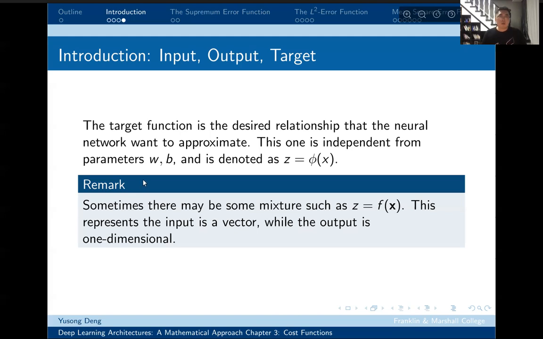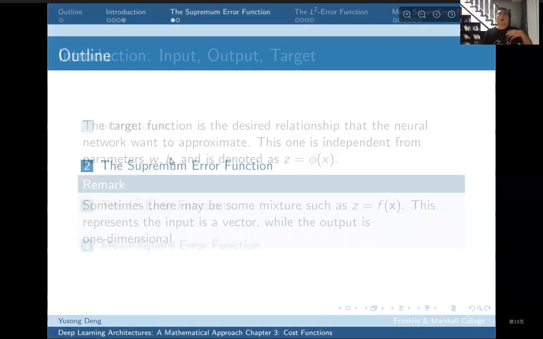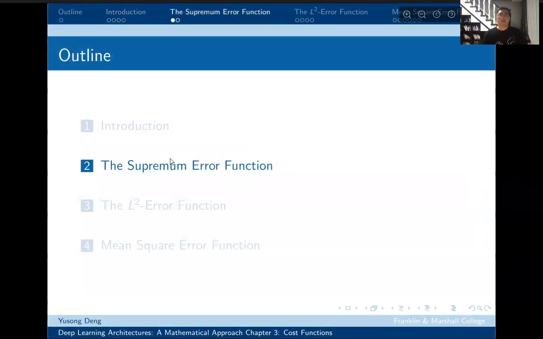The way to tell the neural network whether it is doing right or wrong is based on two parts. First of all, the cost function, and the second thing is the minimization algorithm. The minimization algorithm we will talk about in chapter 4. So next we will talk about the first part of the learning process, the cost function.